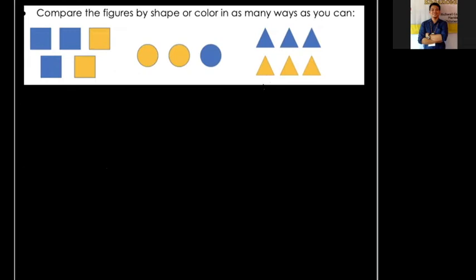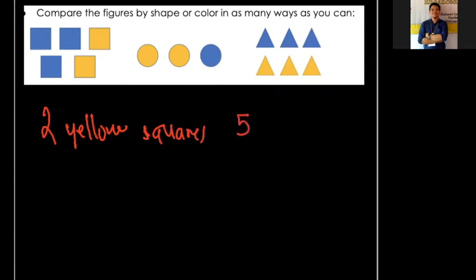We can also compare it as part to the whole. So you can see for every two yellow squares, there are five squares in total.